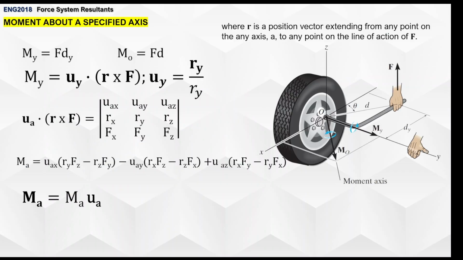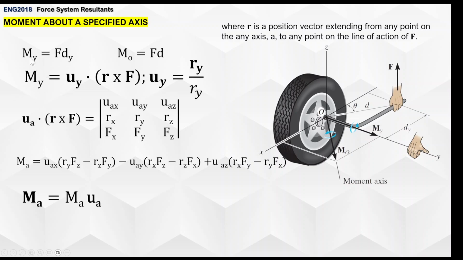Here, with moments about a specified axis, essentially it's just like cross product, except you're not just finding a moment about a certain point, in this case a point O, but you're rotating about a specified axis. In this particular example, it's the y-axis, and here's a given derivation.